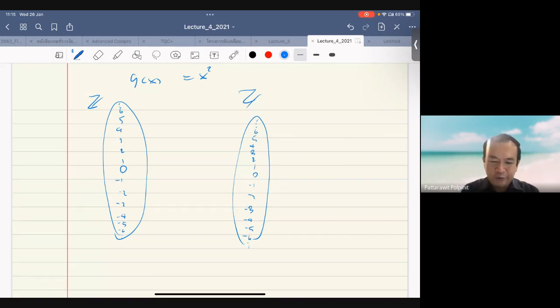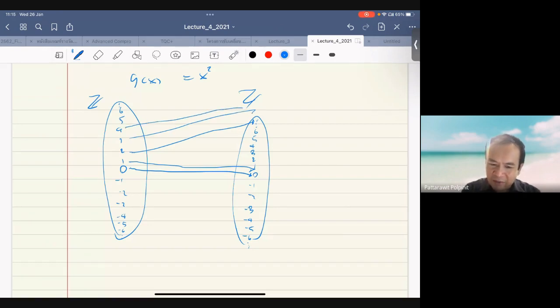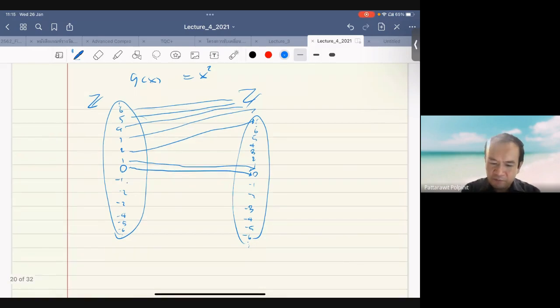Similarly on the other side. 0 to the power 2 is 0, 1 to the power 2 is 1, 2 to the power 2 is 4, so somewhere there. 3 gives 9, somewhere there. -1 to the power 2 is 1. -2 to the power 2 is, oh sorry, I thought it was power 3, sorry.